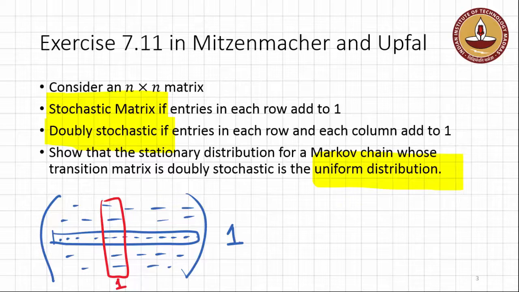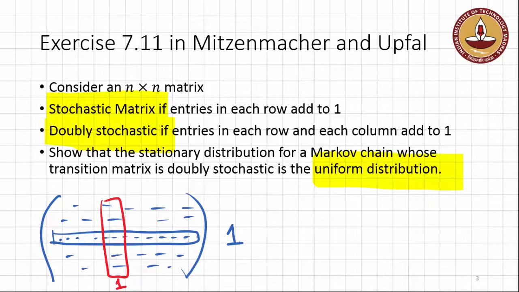And so this is a question that I would like you to think about. Why is that the case? To get you started on trying to establish this, let's recall what we mean by the uniform distribution.